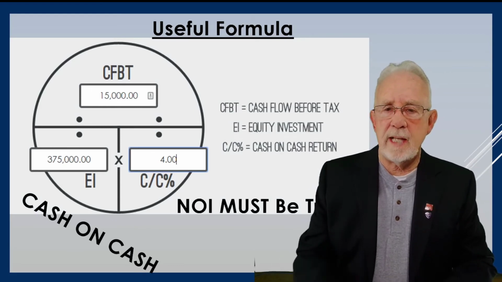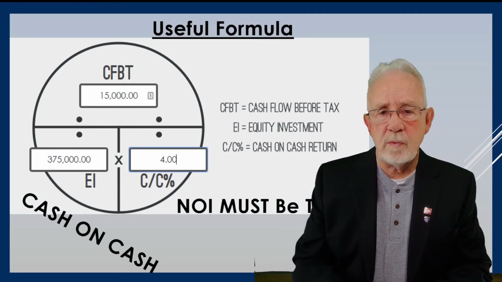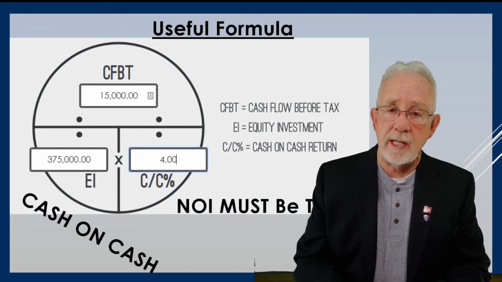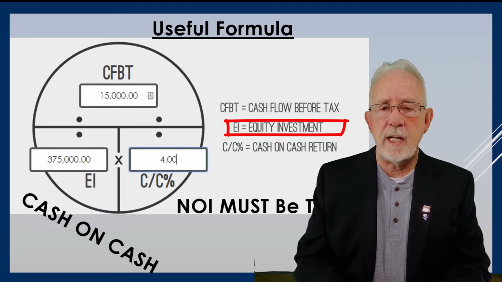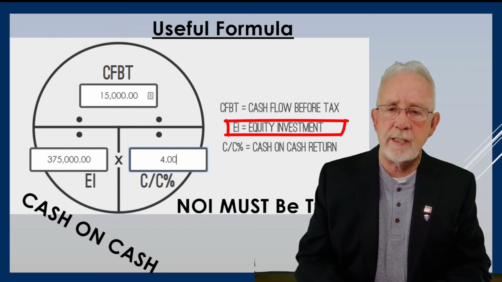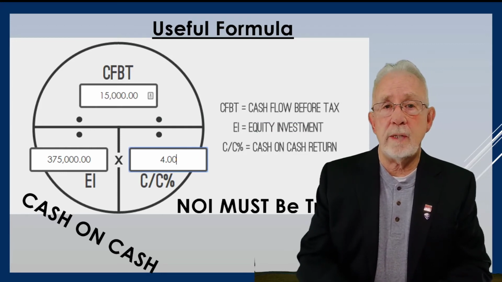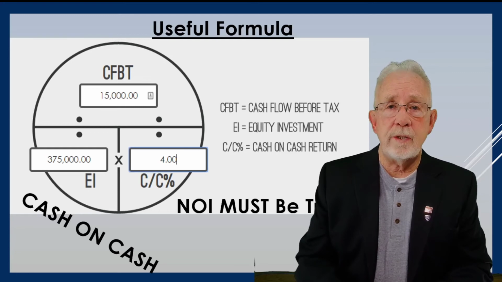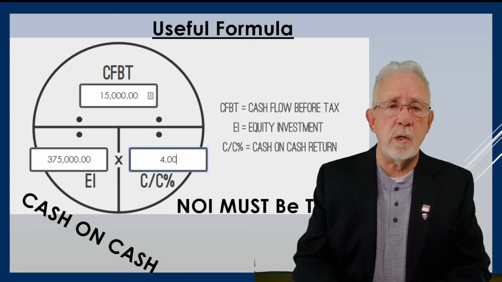Now, if you're paying cash for a property, then the cash flow before tax formula takes your equity investment, and your equity investment handles everything that it costs you to get in that property, not just the price of the property, but it also includes your surveys, your title costs, your closing costs, your inspection fees, your broker's fees.